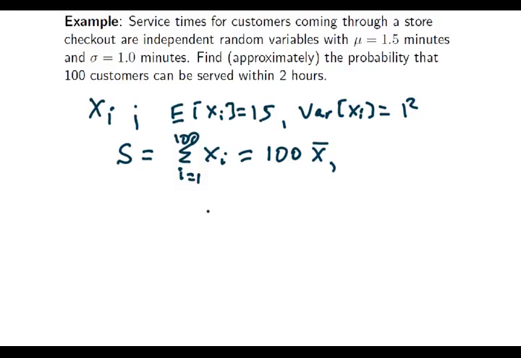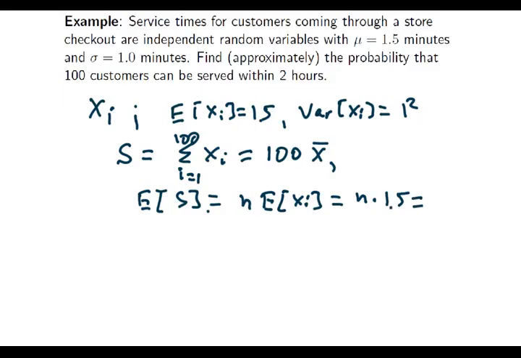So during this lecture we discussed this sum of all values in a sample. What we learned is that expectation of S equals n times expectation of xi, which is n times 1.5, and n is 100, so it's 150.